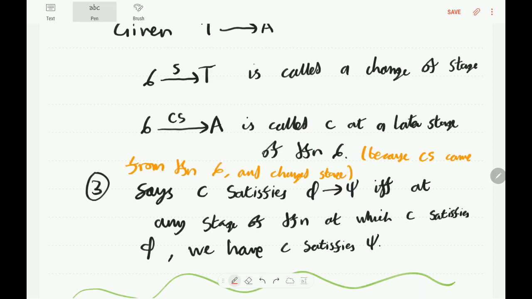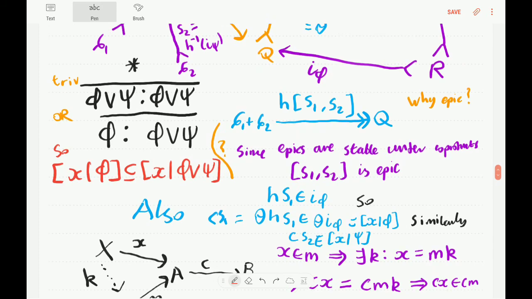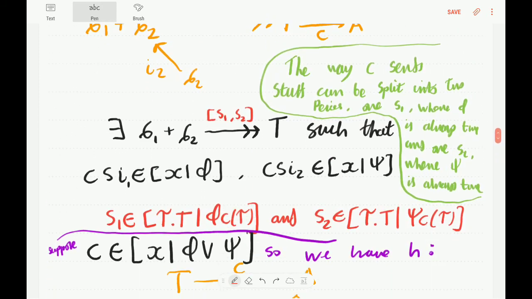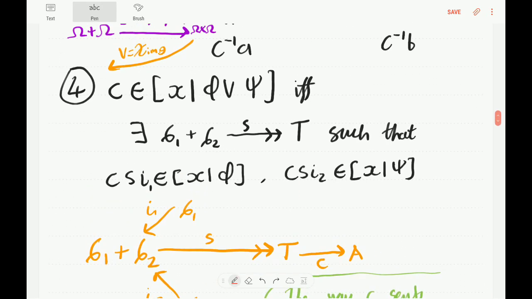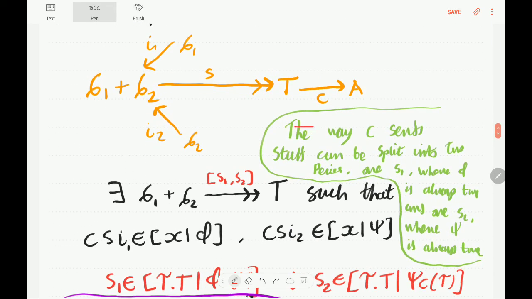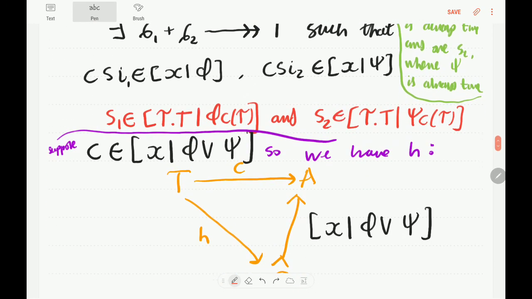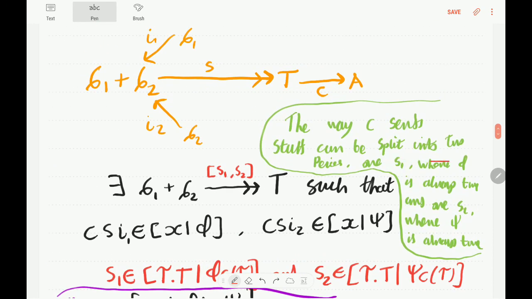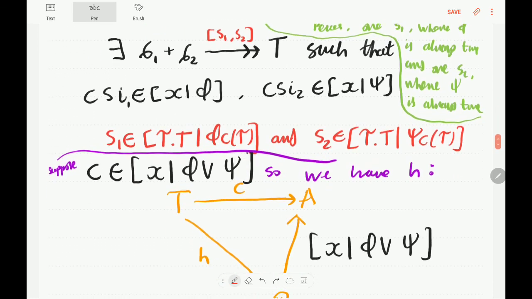Now I just want to go over. So my attempt to make sense of this result about the OR is that it's saying that the way C sends stuff can be split into two pieces, S1 where phi is always true and S2 where psi is always true.